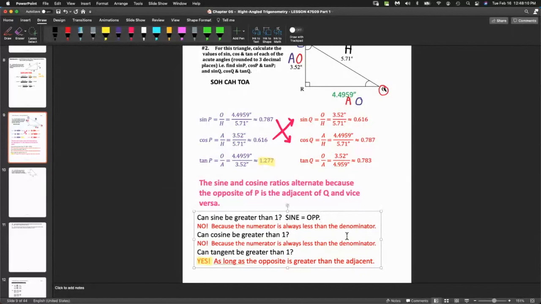I'll just say OPP. And for that reason, it's clear that the numerator will always be less than the denominator because the hypotenuse is the longest side. Same thing with cosine. And finally, tangent, I'm just going to put out the definition here, just so we have it, so that we're all happy and feeling good.